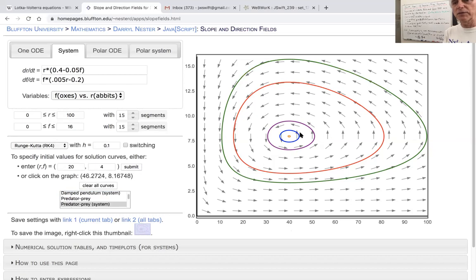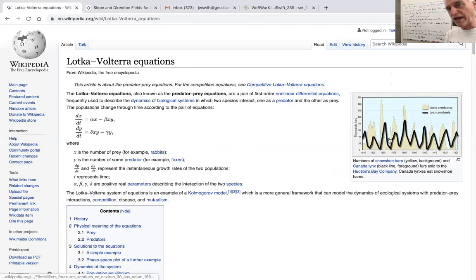So the rabbit population oscillates and the fox population oscillates both. And that's why, let's go back to here. We got this little picture of the rabbit and the fox population, or the lynx and the whatever. Populations go up and down.